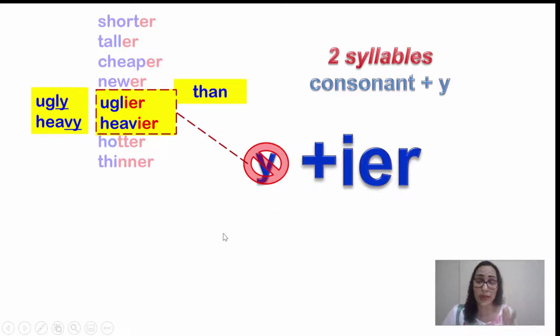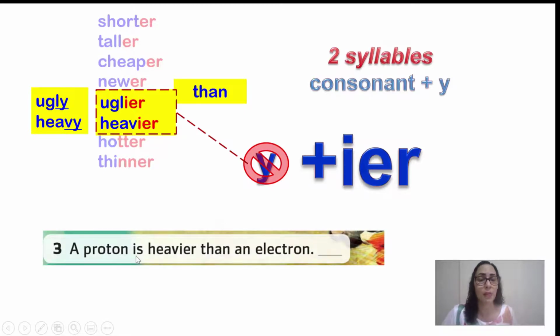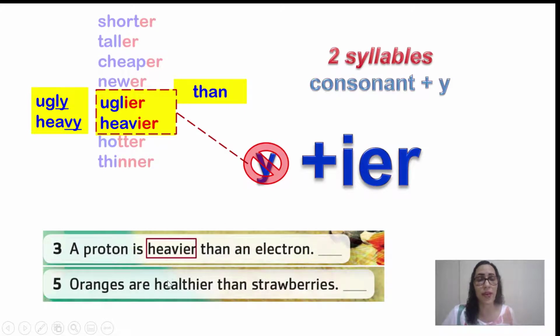There were 2 examples in the text. A proton is heavier than an electron, and oranges are healthier than strawberries. This is the first group, the group where we include suffixes at the end of the word. Actually, at the end of the adjective, right?